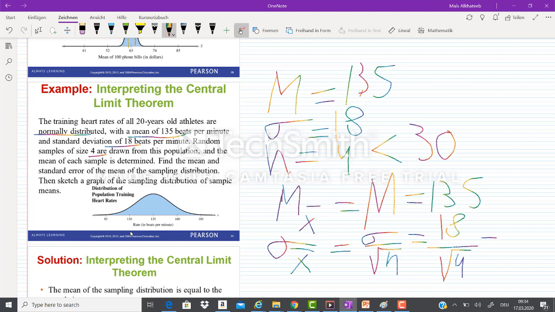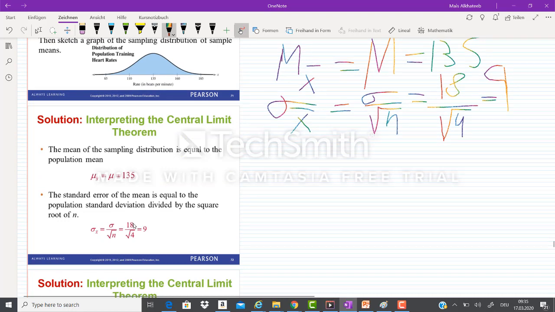The root of 4 is 2, so 18 over 2 will be 9. So I calculated mu x bar and sigma x bar.